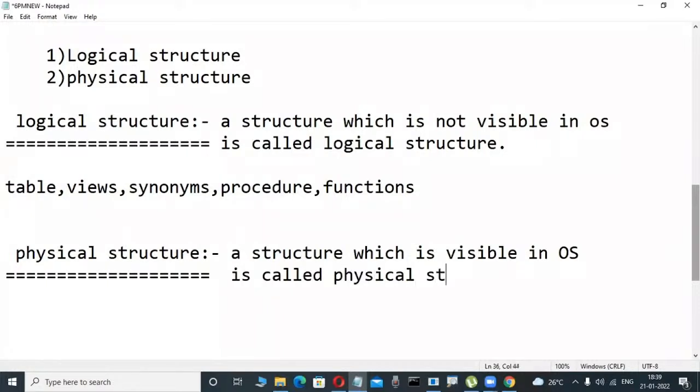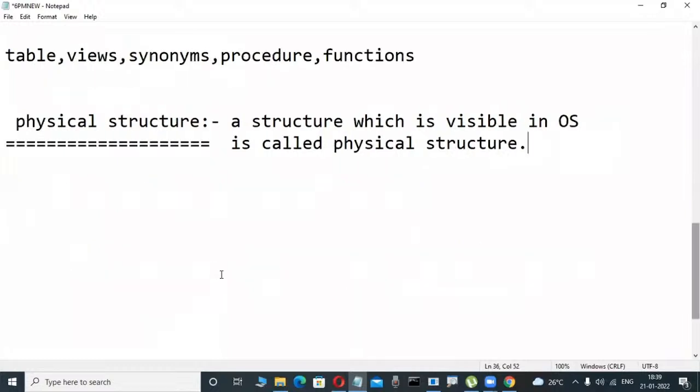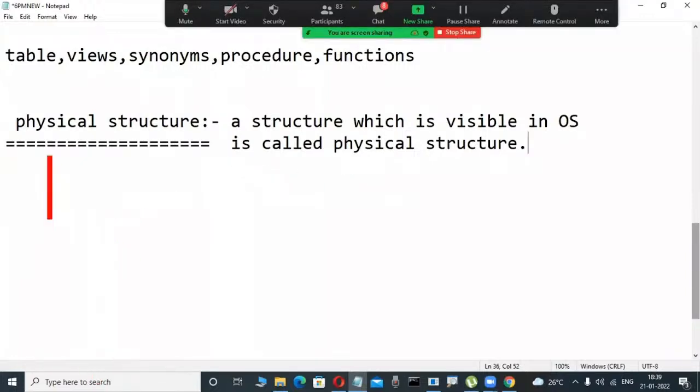Who are the persons working in this physical structure? Observe it here. It's a big concept. I'm telling the definition side only, because what a database is, I will tell you which definition is correct. A structure which is visible in the operating system is called a physical structure. Suppose I am installing software, physical files are created on the disk.